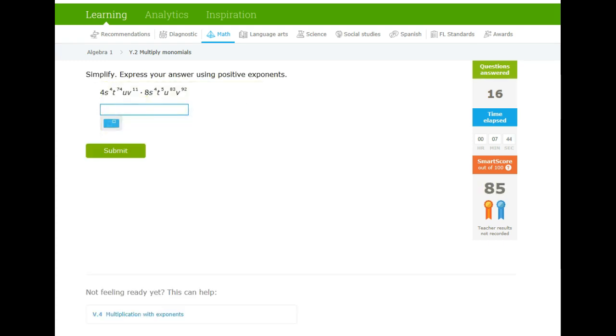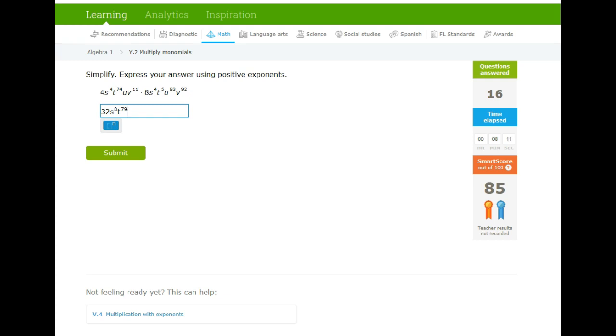A little bit more complex because more variables are involved, but you multiply the 4 and the 8, which is 32. Let's start with the s. s to the 4 and s to the 4 is s to the 8, because you really add exponents. And t to the 74 and t to the 5th is t to the 74 plus 5, which is 79.